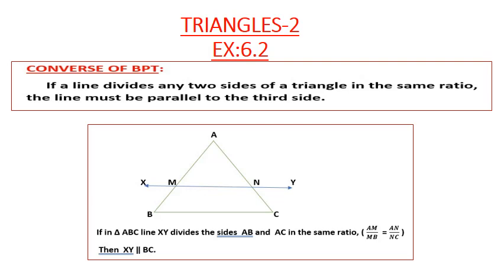Line XY divides AB and AC in the same ratio, then XY is parallel to BC. Therefore, the line XY is parallel to BC. Let us solve some problems, children.